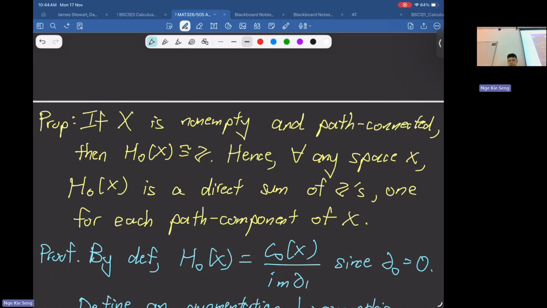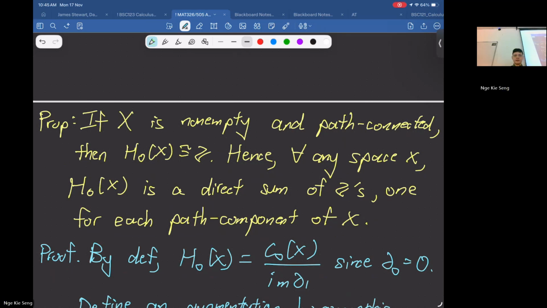Okay, let's see how we prove this. So we'll prove the first. Is the second one easy to see? Yeah, the second one just follows from the previous proposition.